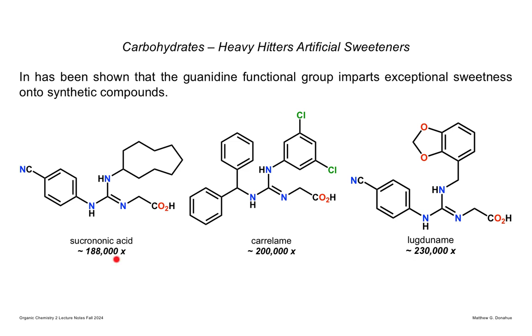And so these are getting a crazy amount of sweet. I've never tasted one of these. I can't even imagine what that level of sweetness would be like, like some wormhole in physics where your brain just can't comprehend it. But 230,000 times as sweet. I mean, that's up there.